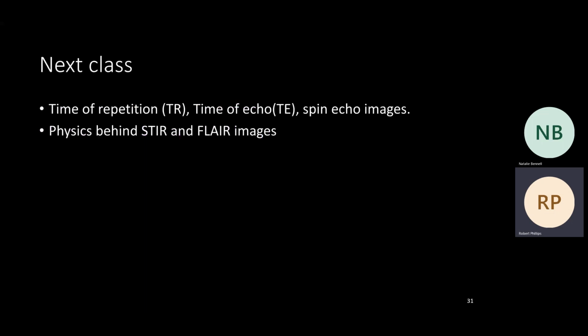So this is a brief overview of MR images. In the next class, we'll talk about time of repetition, time of echo, and spin echo images. We'll also talk about gradient echo, star and flare images. Thank you.